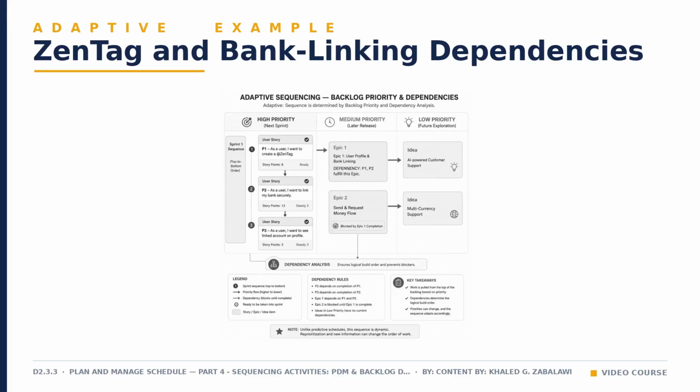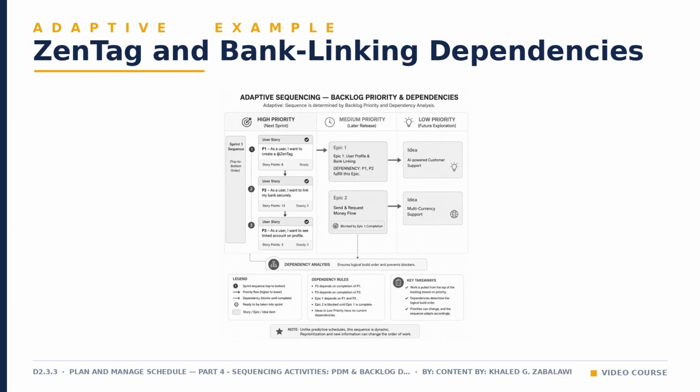Here is what backlog priority and dependency analysis look like in practice, using a mobile banking product backlog. At the top of Sprint 1, in top-to-bottom order, sit 3 high-priority user stories: creating a unique @Zen tag, securely linking a bank account, and viewing that linked account on a profile screen.